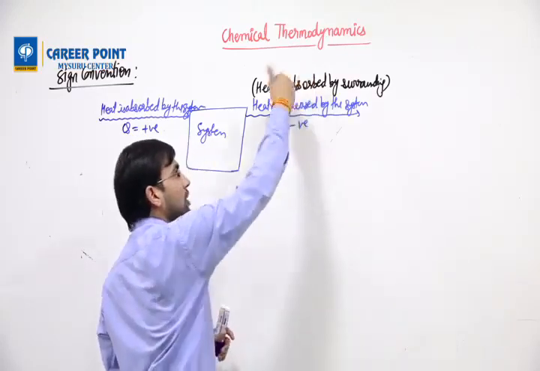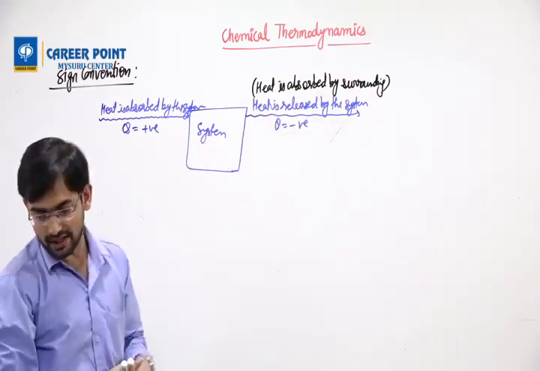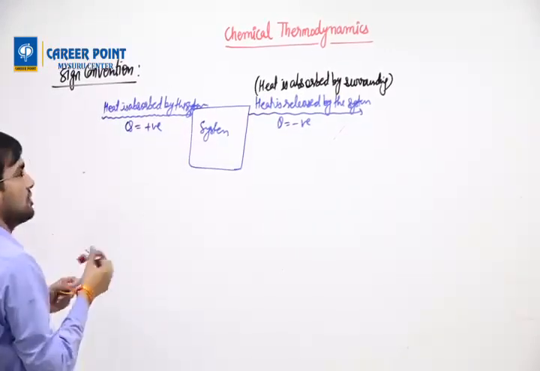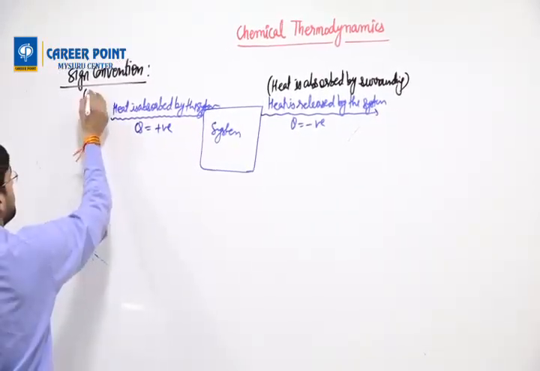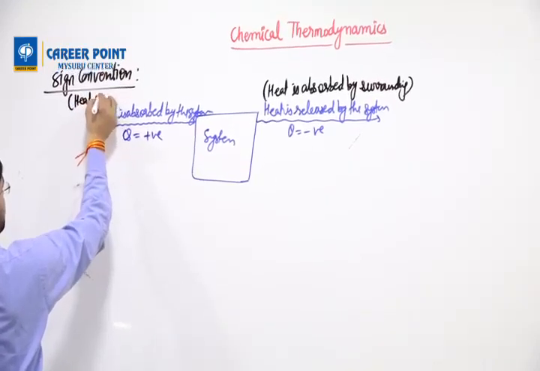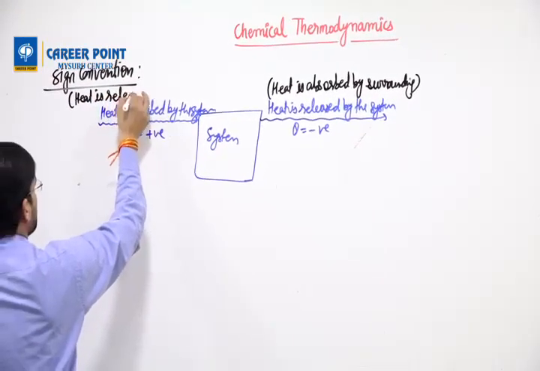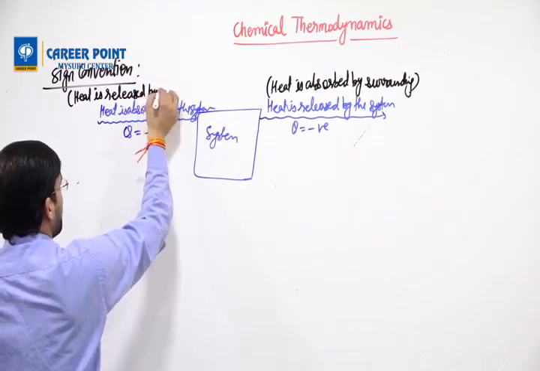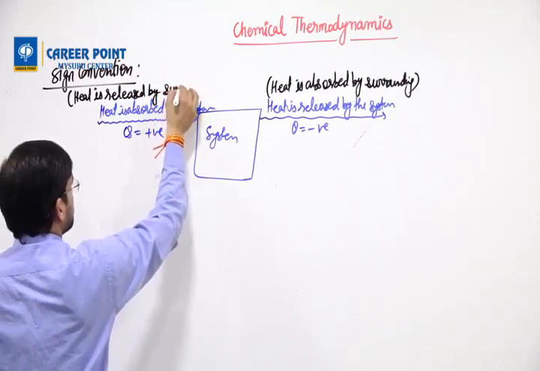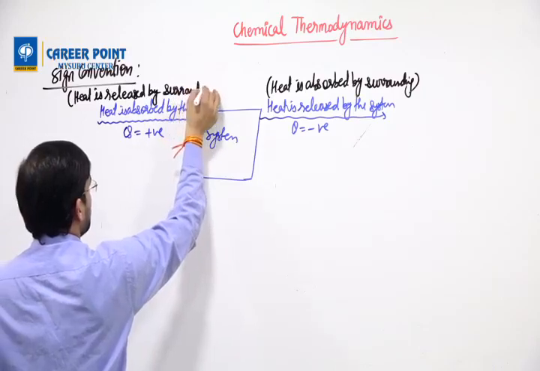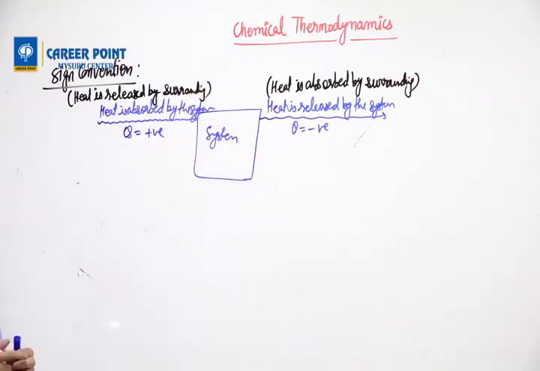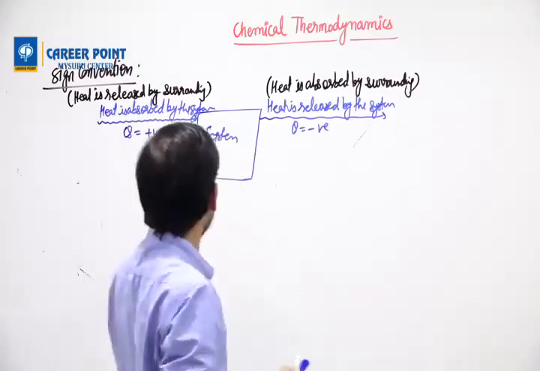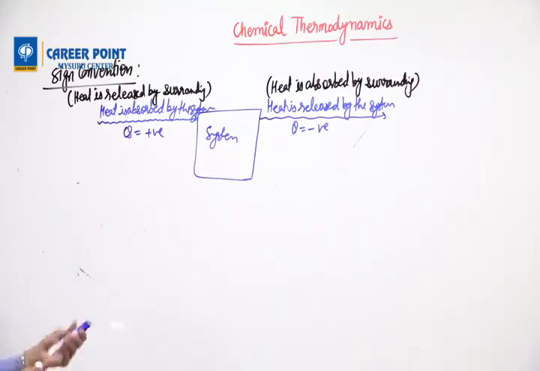These are the theoretical ways to write a statement. The same way, heat is released by surrounding. Surrounding is losing energy, that's why the system is gaining that much heat. So Q becomes positive.